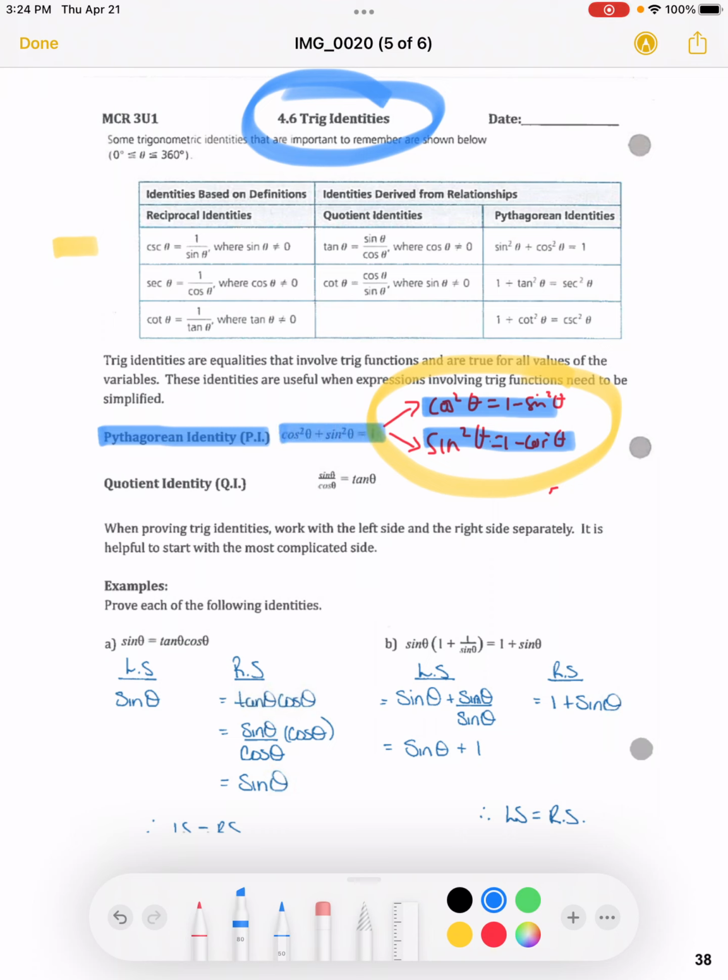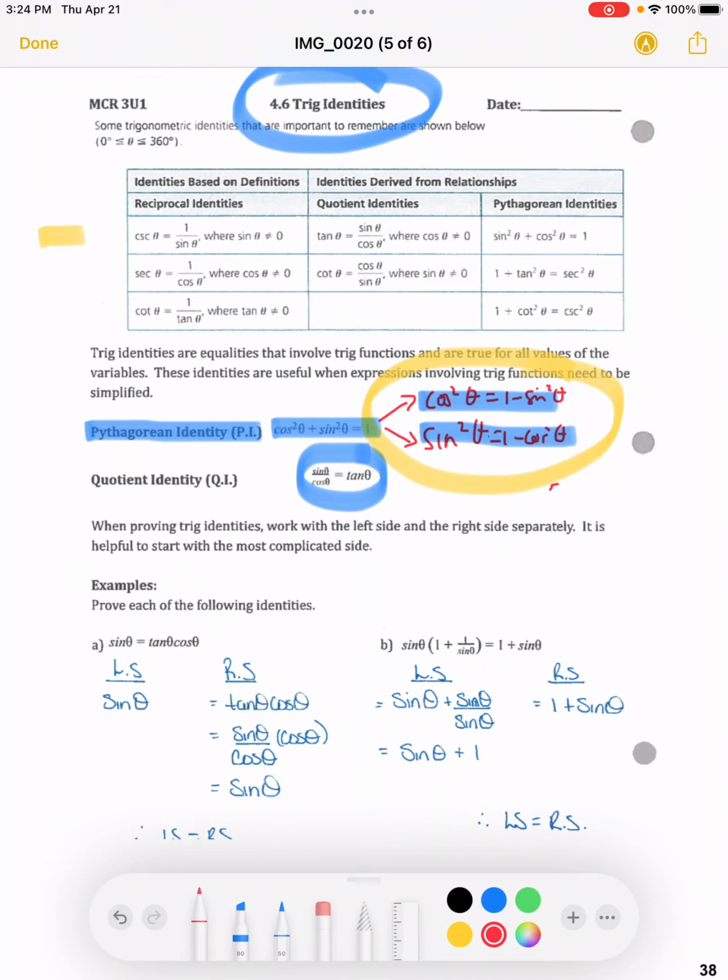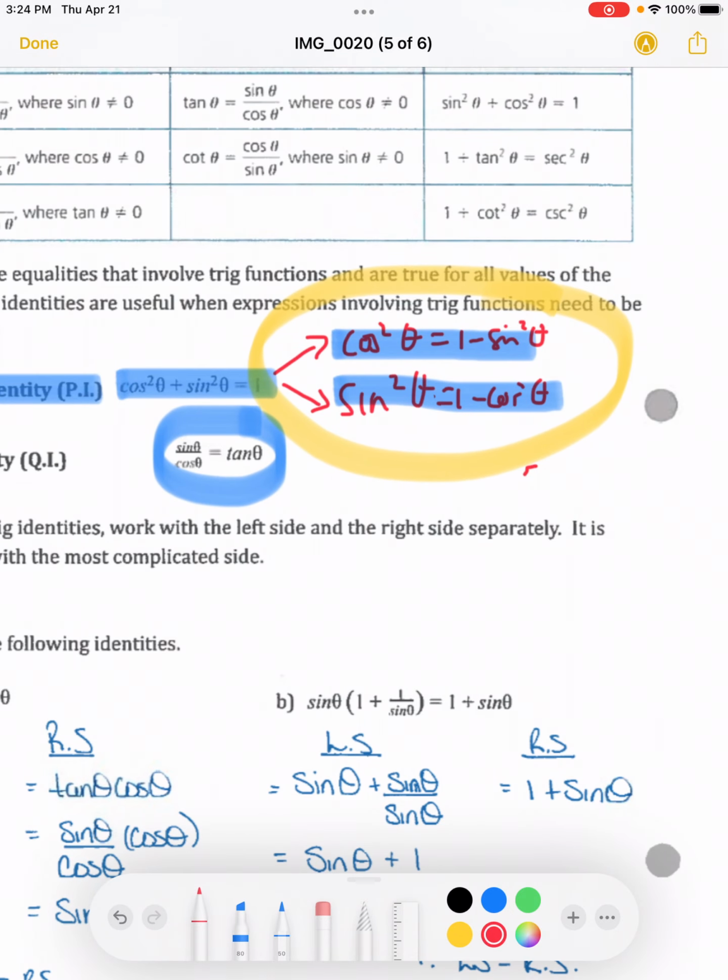This one here is showing that sine theta over cos theta is equal to tan theta, and I'll just show you that one real quick. Remember that sine is opposite over hypotenuse, and cos is adjacent over hypotenuse.